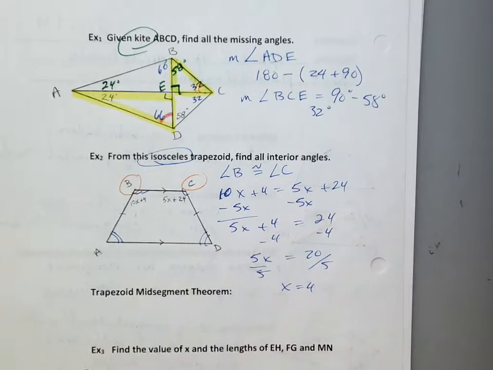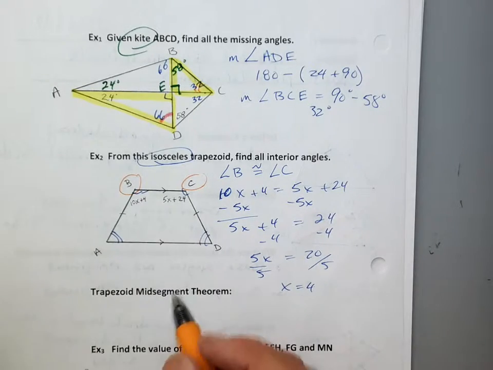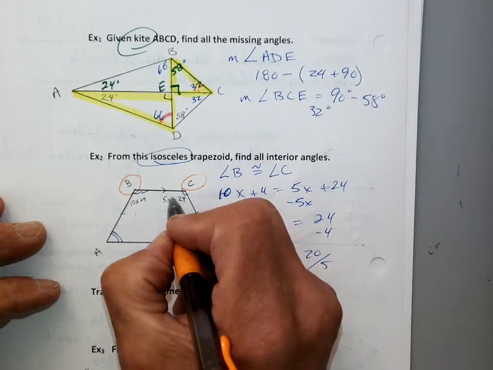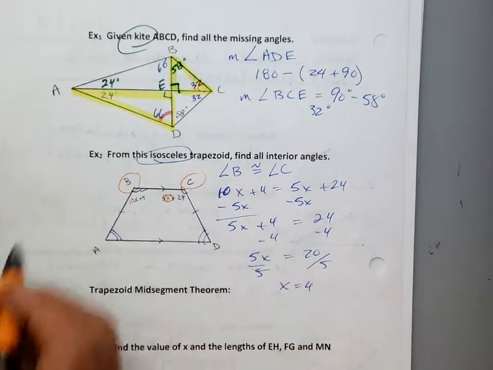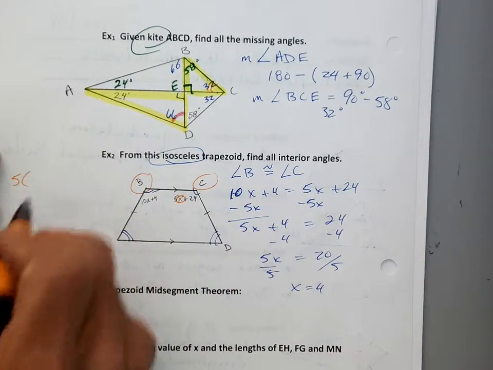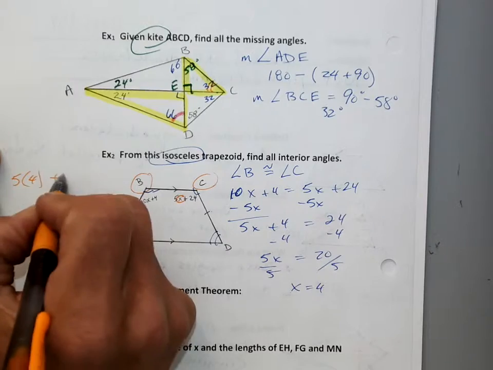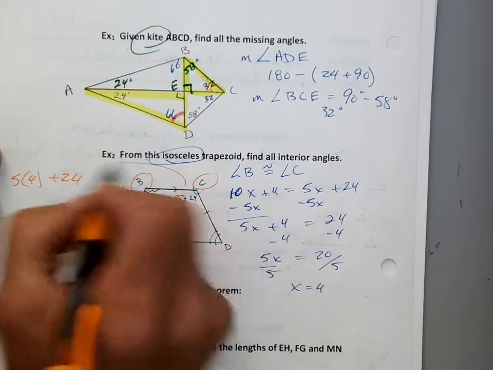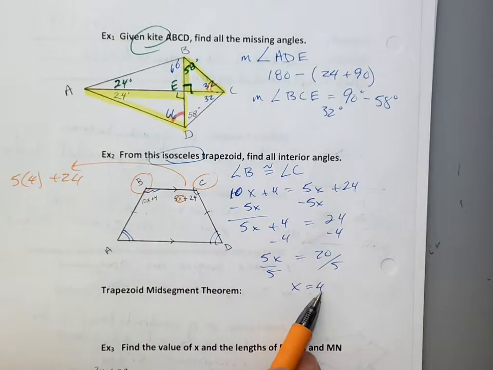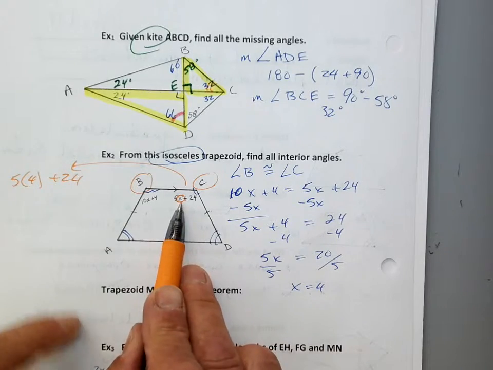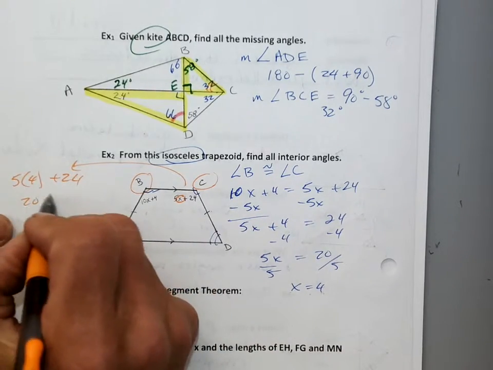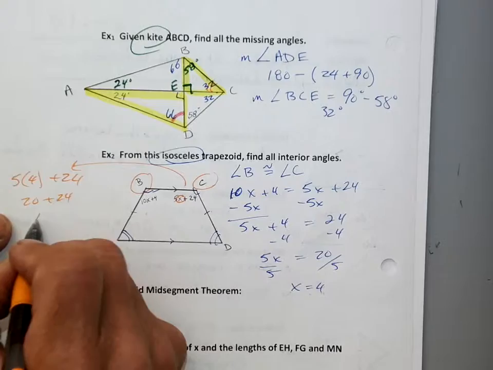Okay, so let's go ahead and put a 4 back in. What is 5 times 4 plus 24, okay? So I plug my 4 in for x. And that's 20 plus 24, which is 44 degrees.